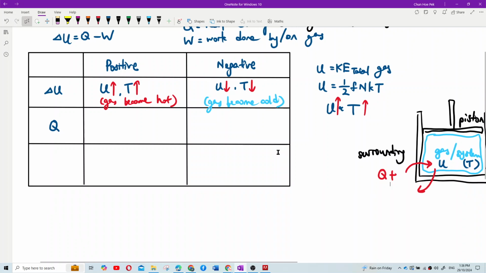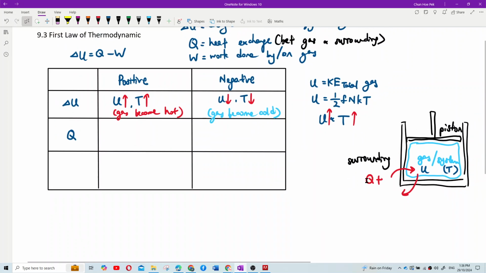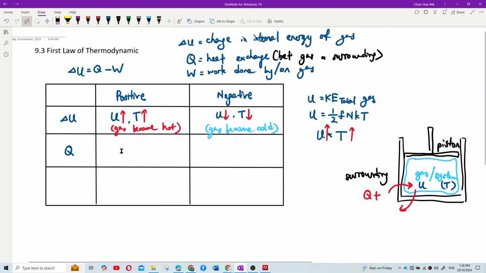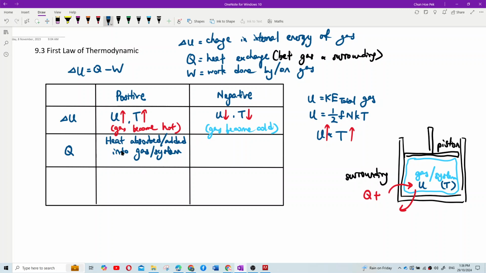Q positive means heat absorbed, or added into the gas or system. Heat goes in from the surrounding.